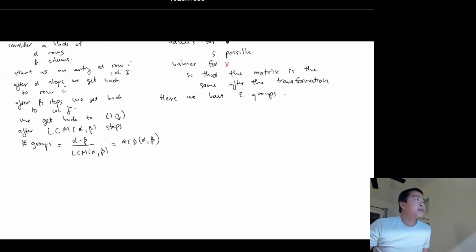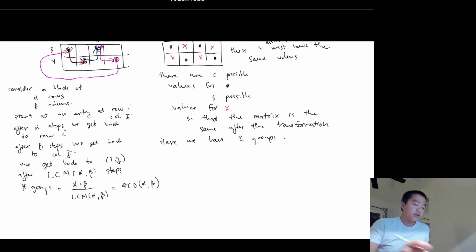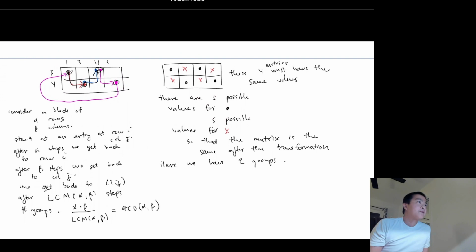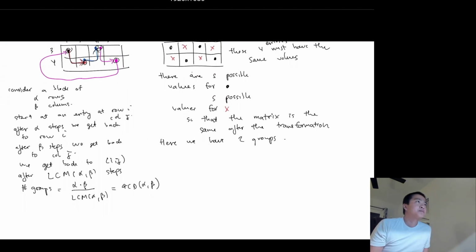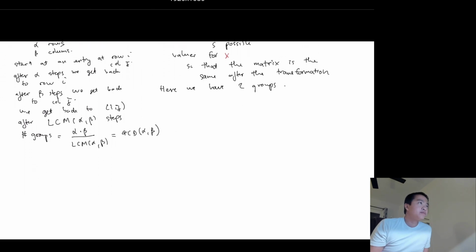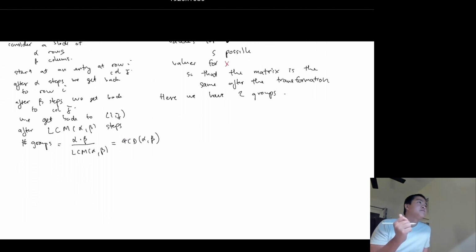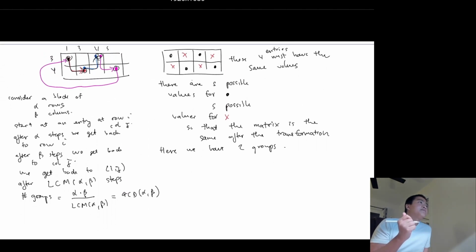So what does this give us in general? For example here, how many groups do we have?